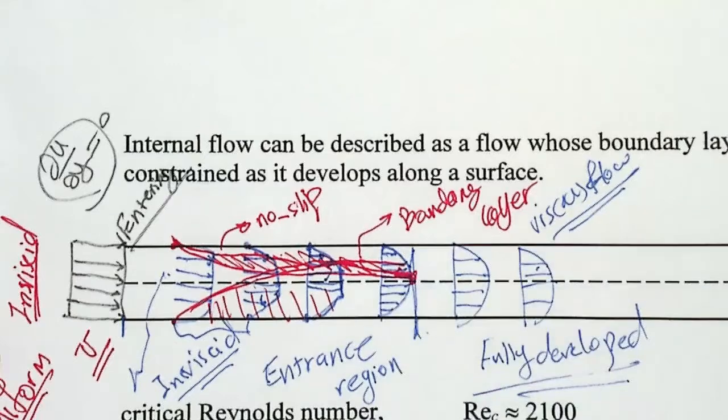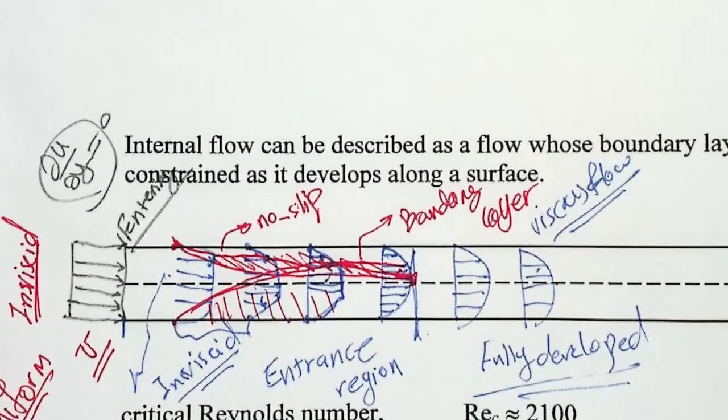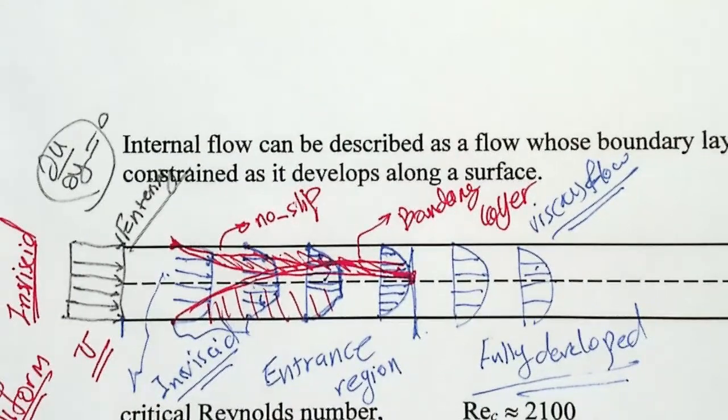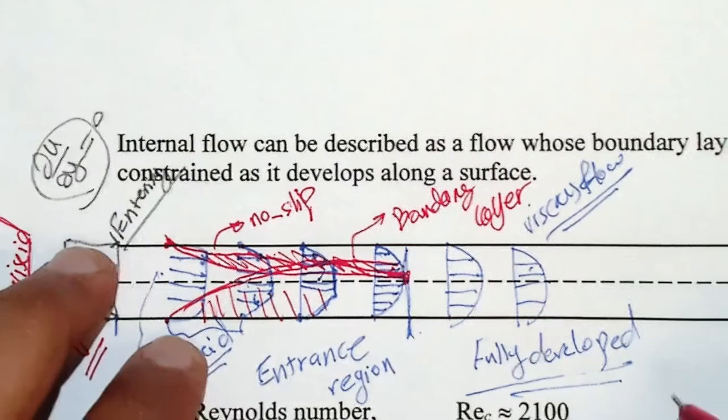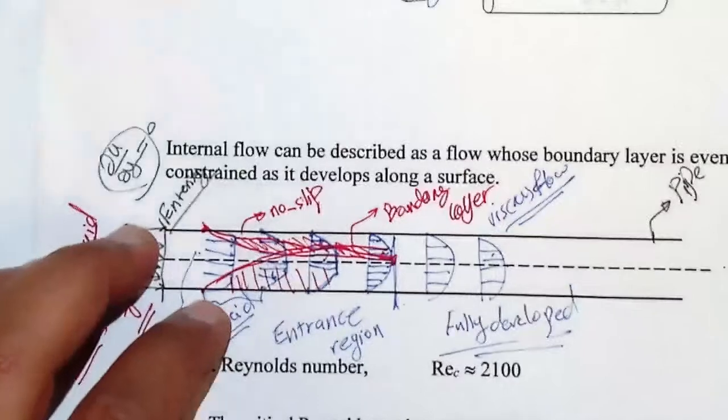The boundary layer is fully developed after the entrance region. When the boundary layer is fully developed, it means that you have a fully parabolic velocity profile, and after that the velocity profile is independent of x.